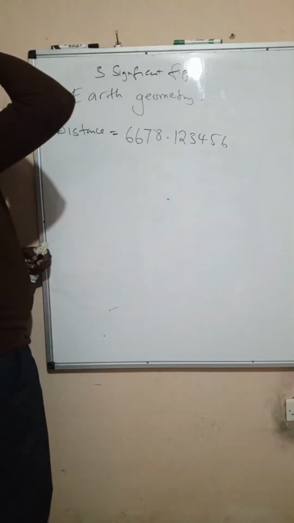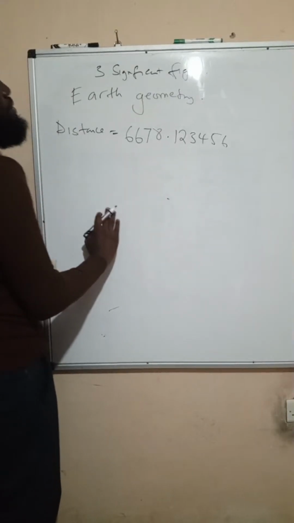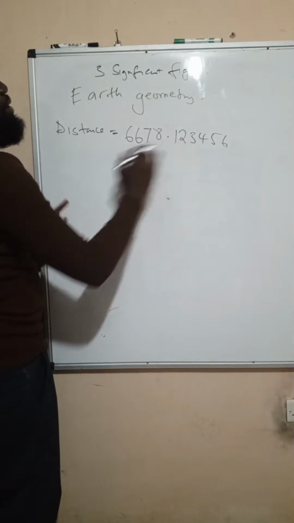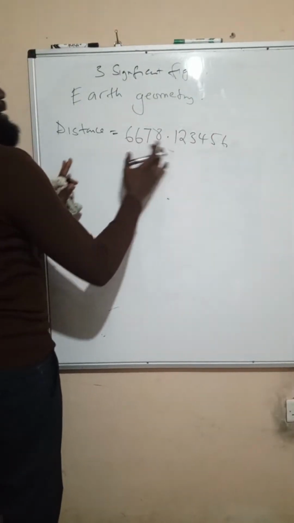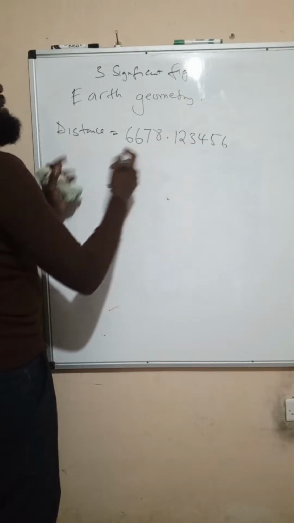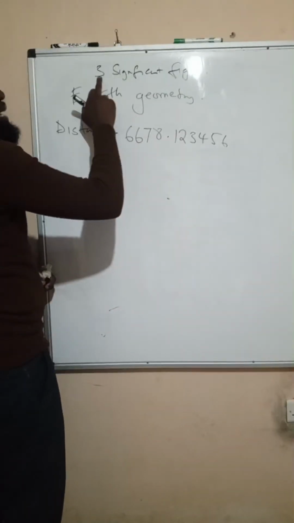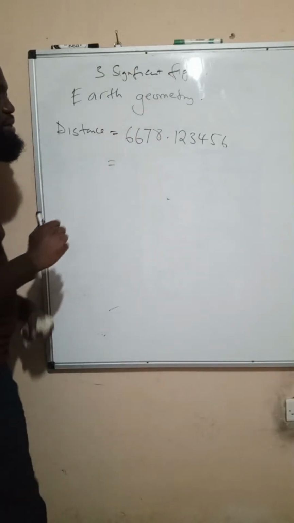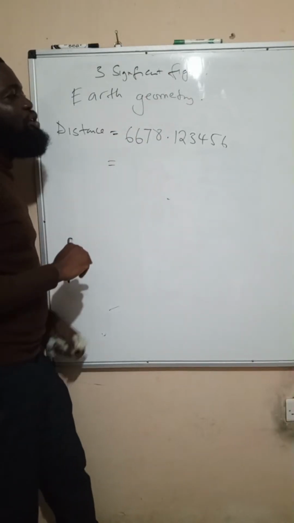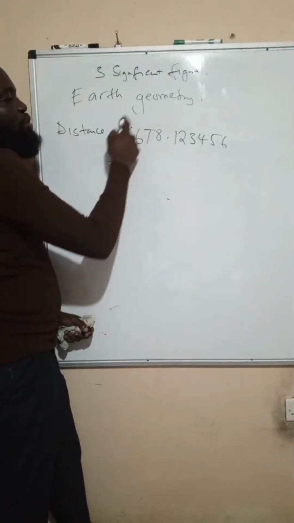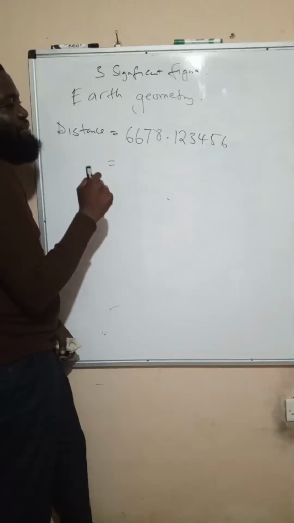I've seen most of you when you are solving this, sometimes you just write just 2 of them here. No, you have to write the entire answer. And then the last stage, that's where you round off. So when they say 3 significant figures, you round off this answer to 3 significant figures.